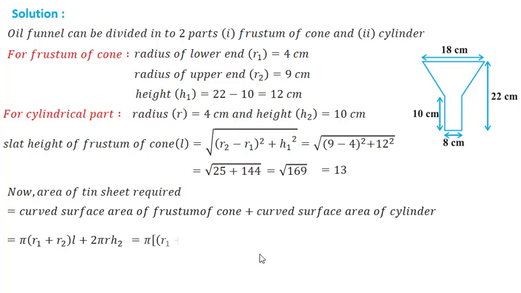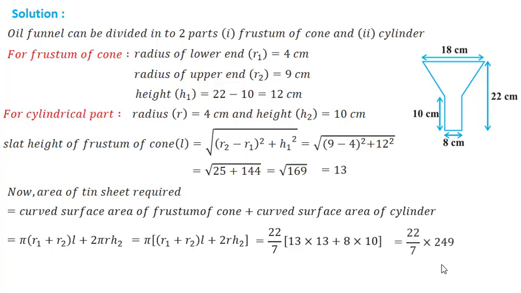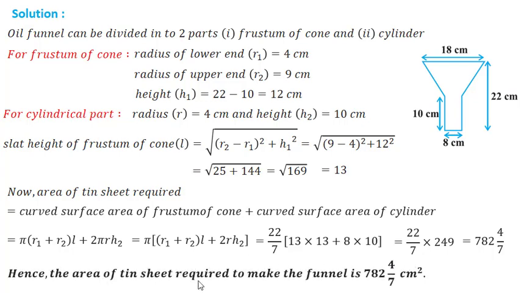As pi is common, we take pi common and put the values of R1, R2, H2, etc. That gives me 22 by 7 into 249, that is 782 4 by 7. So I will say that the area of tin sheet required to make the funnel is 782 4 by 7 centimeter square. You can convert this value into decimal also, right?